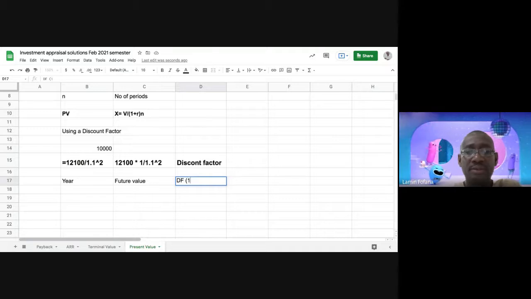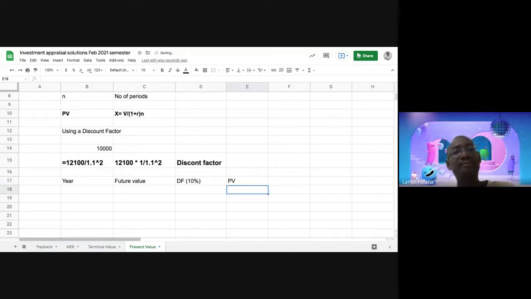Discount factor 10%, and then we have our present value. I just short it as PV.